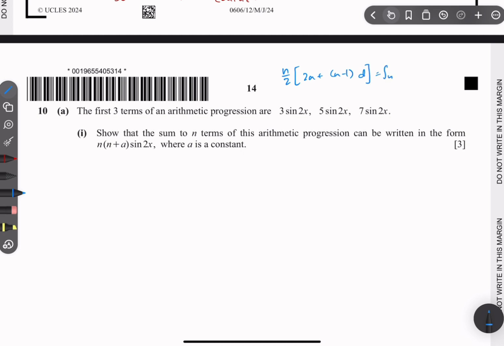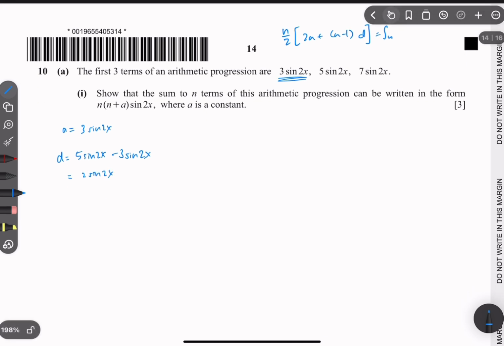Okay, so the value of a is given in the question because a is the first value of any progression. And to find d, we can take the second value minus the first value. And this works for the third value minus the second value as well. And now we can just rewrite the equation.